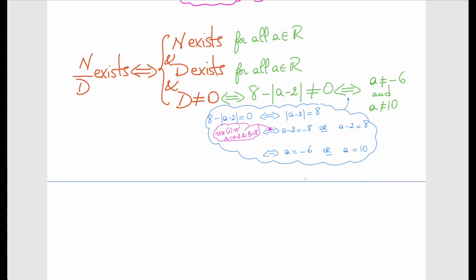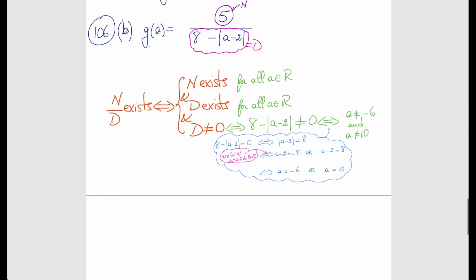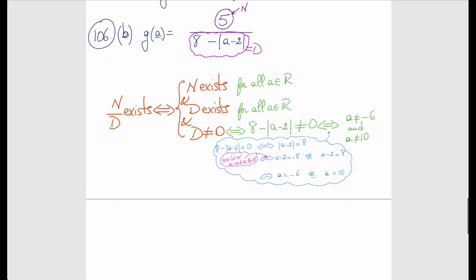Alright, so what were we trying to do here? We were trying to find all the acceptable a's through the function g. According to this discussion, the first condition brings no restrictions on a, the second condition brings no restrictions on a, but the last condition brings these two restrictions on a.